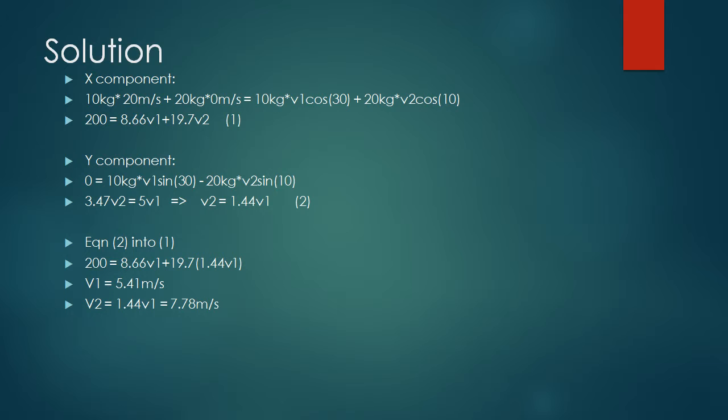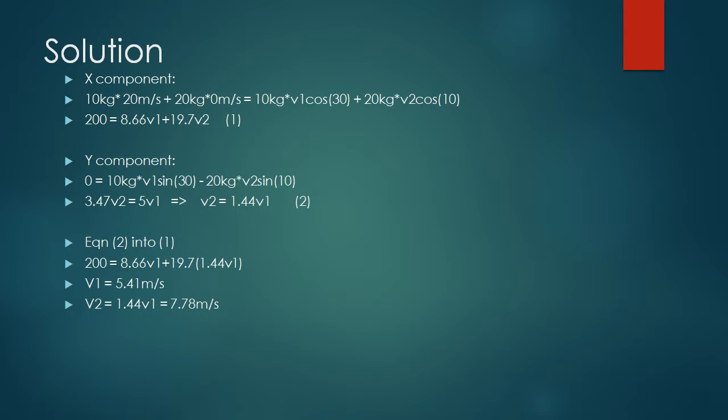This equals the x component after the collision, which is 10 kilograms times the velocity of ball 1 times cosine 30 degrees, plus 20 kilograms times the velocity of ball 2 times cosine 10 degrees, because that's the x component.